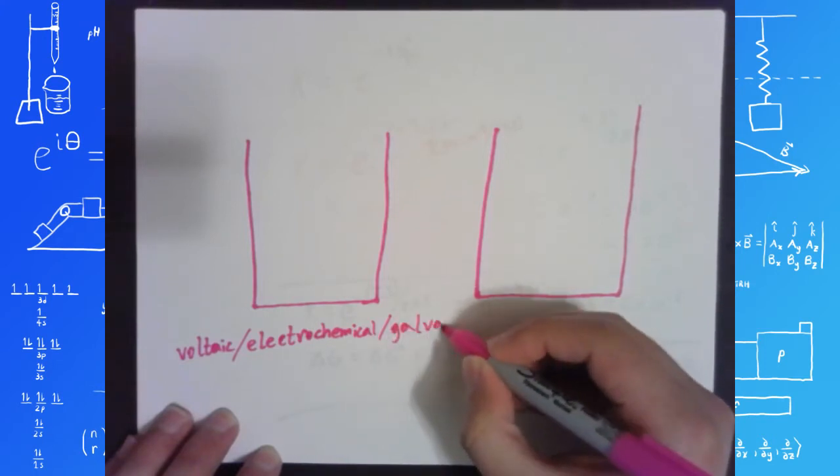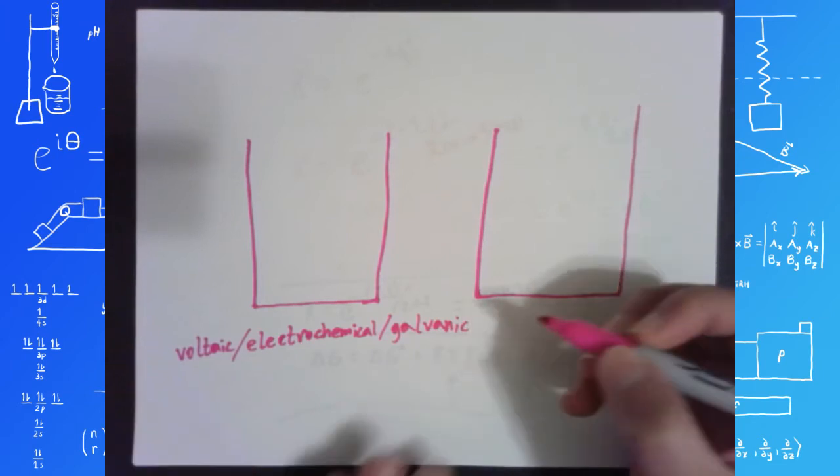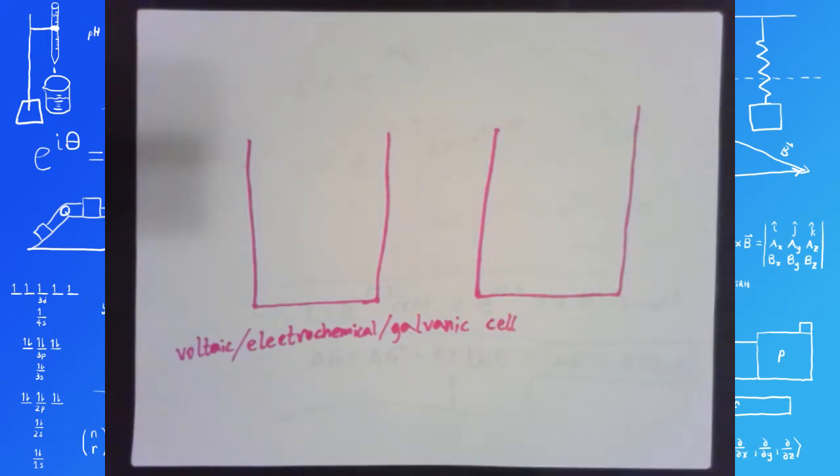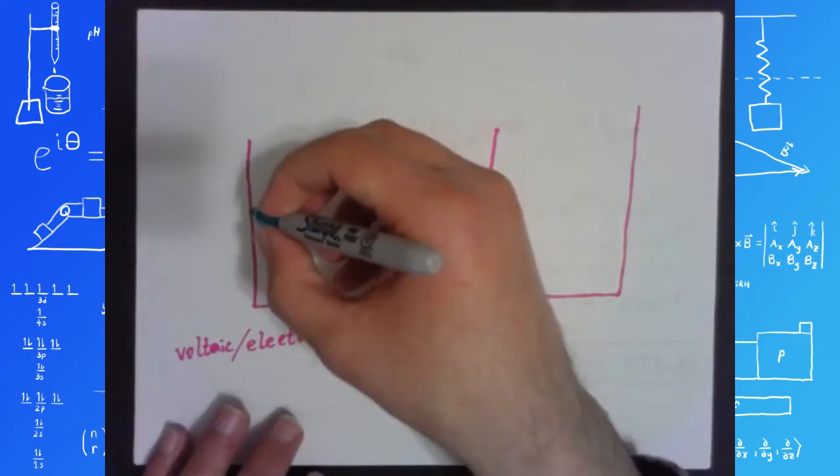All three of those terms are used. And as for my personal preference, I don't have one. But I think I usually go for voltaic or galvanic because it's easier to pronounce. It's not a mouthful.